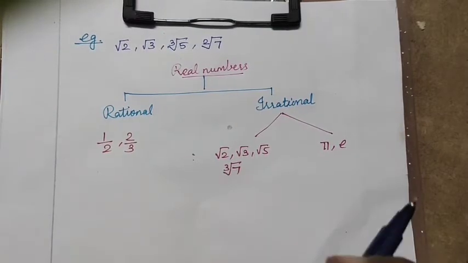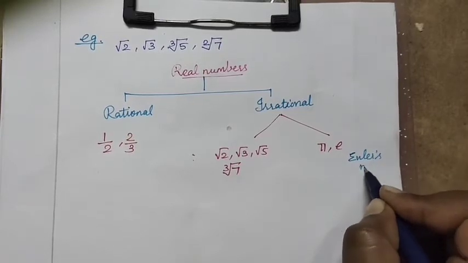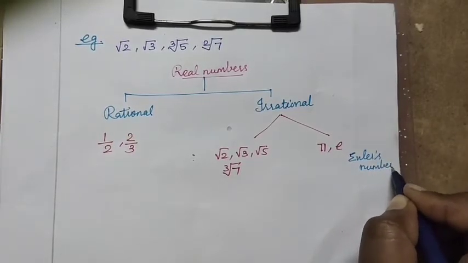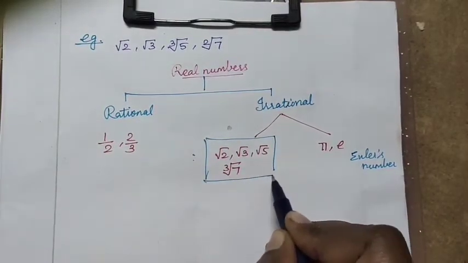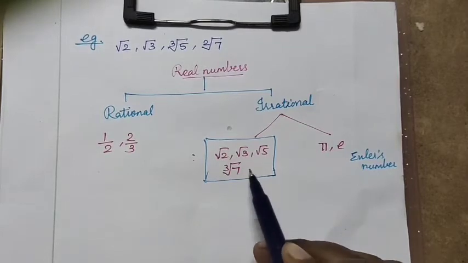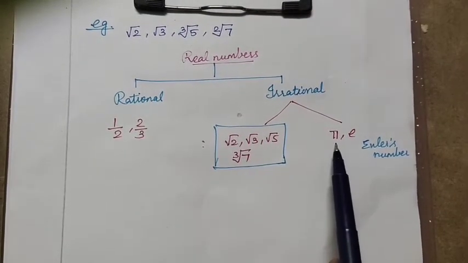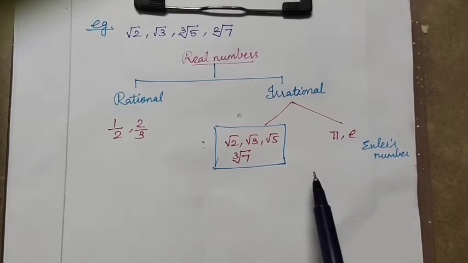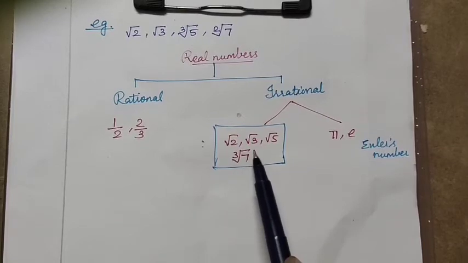These are Euler's number. Here you see these numbers are written with the radical symbol. We cannot write pi and e as a rational number under the radical symbol.